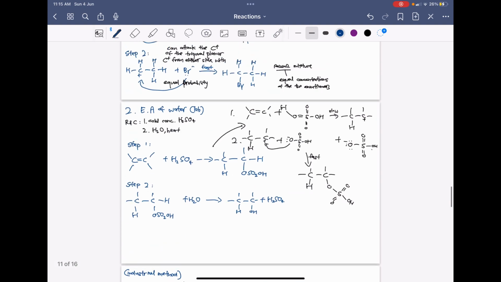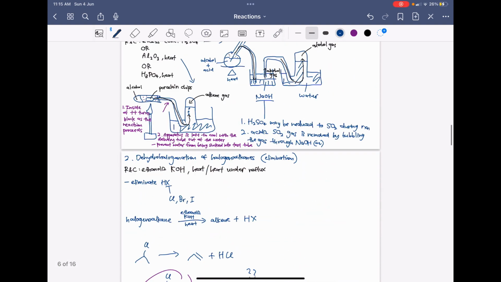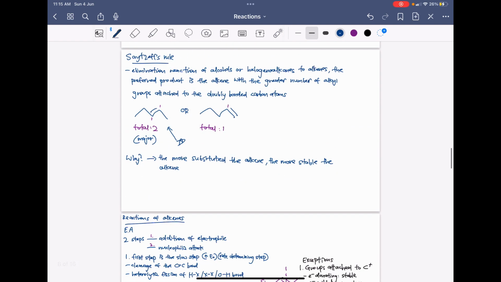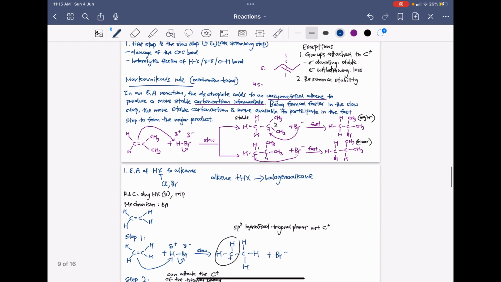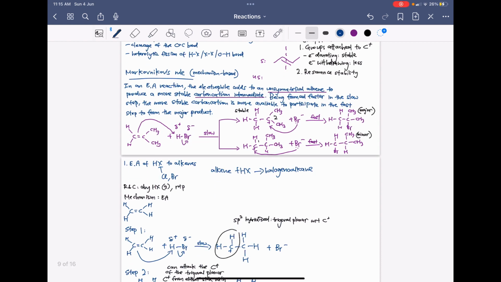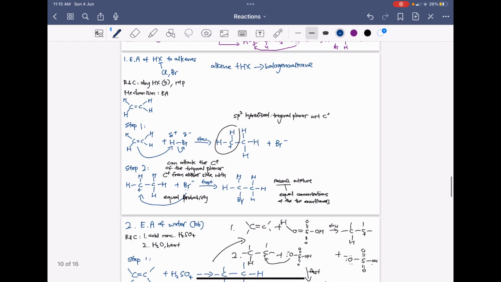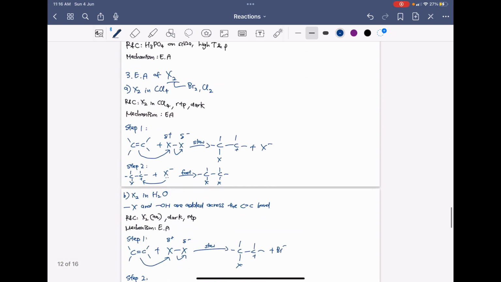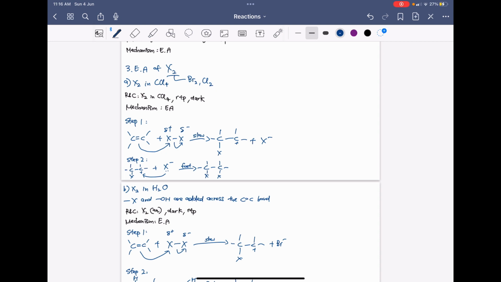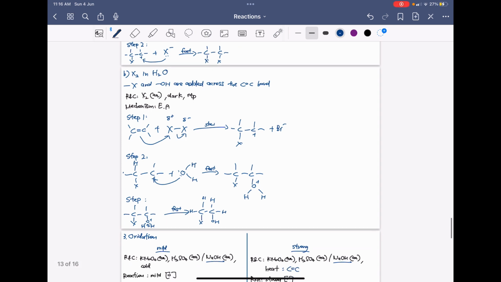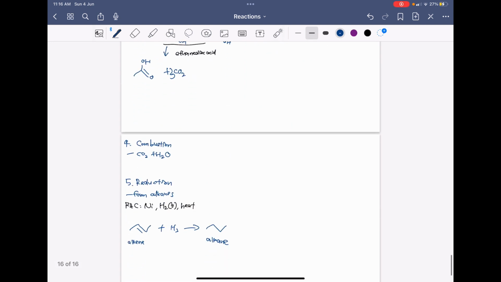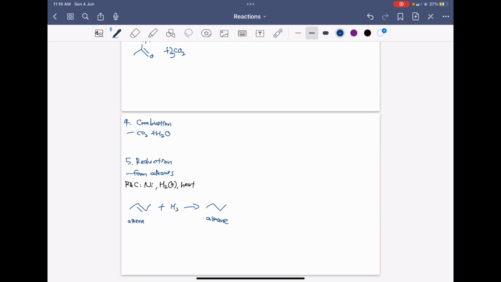So for the reactions of alkenes, what we have looked at is how they form, Zaitsev's rule, reactions of alkenes, and how you form the major product depending on Markovnikov's rule, the electrophilic addition of hydrogen halides, the electrophilic addition of water, lab and industrial method, electrophilic addition of X2 in CCl4, X2 in water, oxidation in terms of strong and mild oxidation, how you derive the products, combustion and reduction. So thank you very much for being with me.